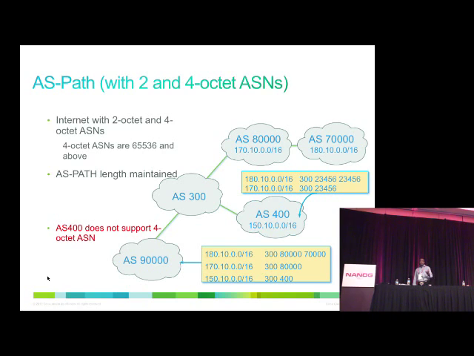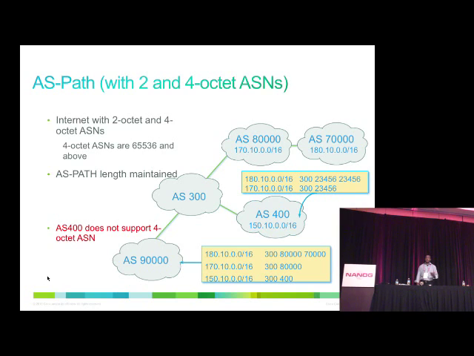With the introduction of a 4-octet autonomous system number, for a long time, even today, most service providers use just a 2-octet autonomous system number, but that's running out. So a 4-octet autonomous system number has been introduced for quite some time.